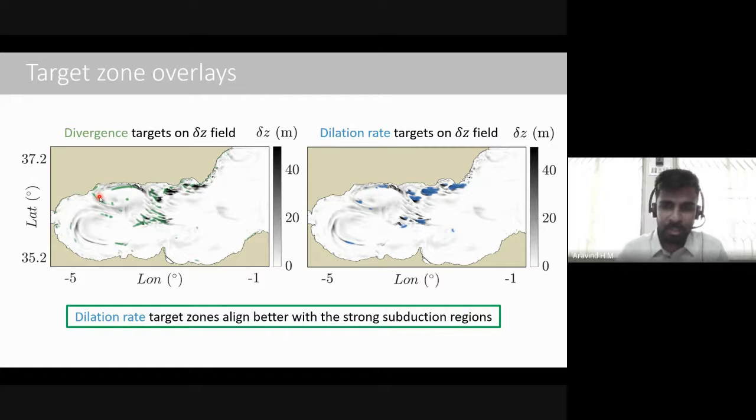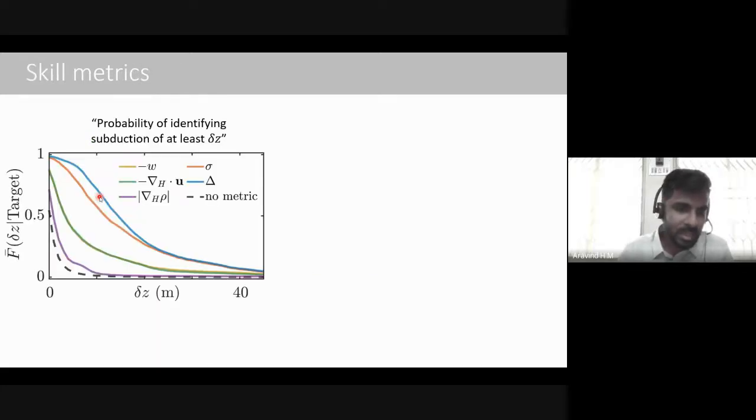Now, to quantify this information, I calculate a few skill metrics, the first of which is a complementary cumulative distribution function of delta Z, given target zones of one particular metric. So here I have data for all 5 metrics and also for the no metric case. But what do I understand by looking at this curve? On the x-axis I have 10 meters, 20, 30, and 40.